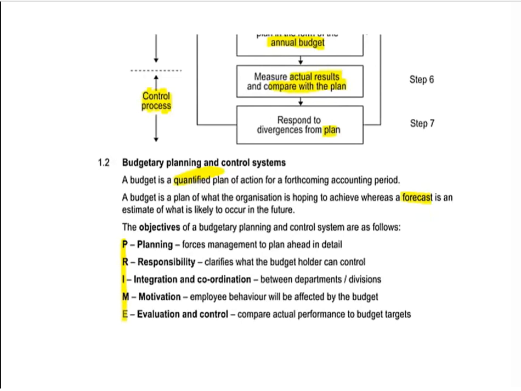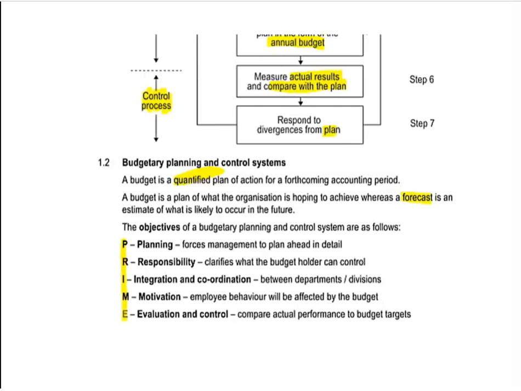Setting budgets forces management to think about what it is that they are trying to achieve. It also encourages responsibility, so looking at who can control the elements. And also it enables us to hope for integration and coordination between our departments. It's no good the production department planning to make 1,000 units a month if the sales department have based their plans on selling 5,000 units per month.